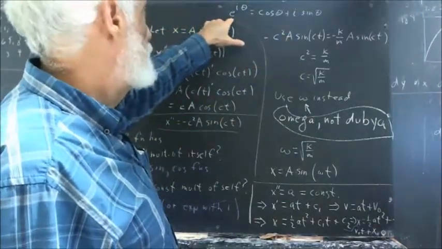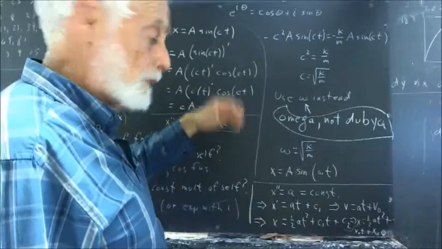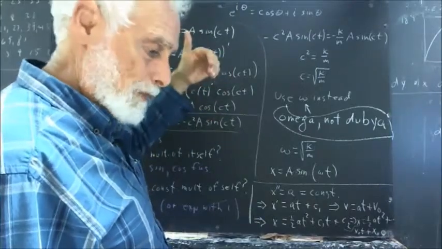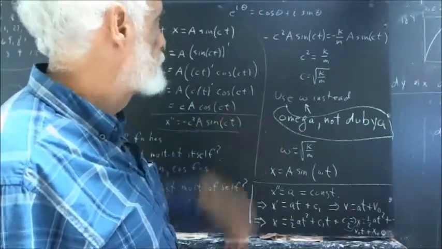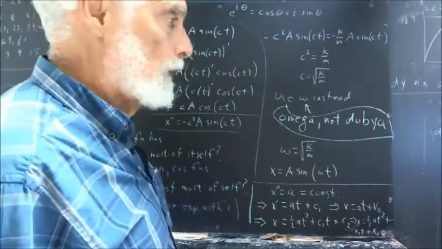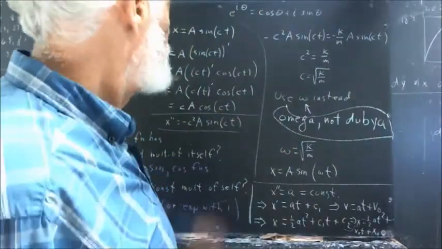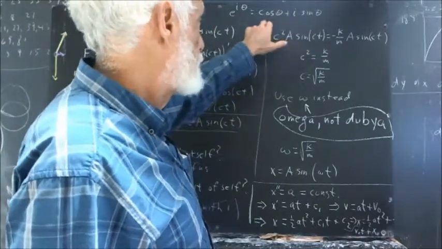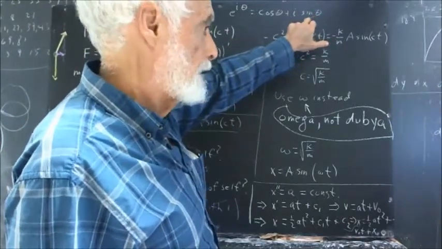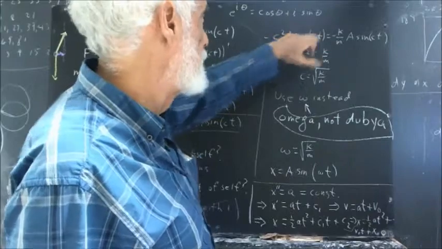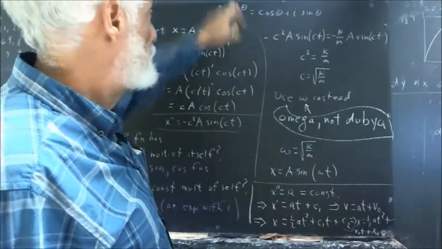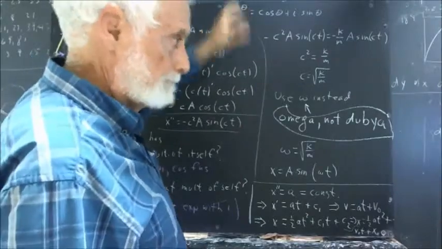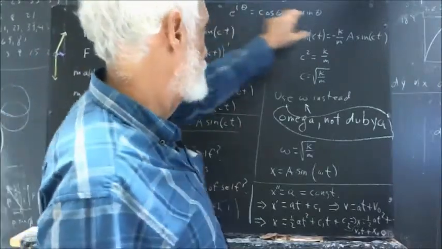And then e to the x would be 1 plus x plus x squared over 2 plus x cubed over 3 factorial, and so forth. Well, if you plug in the power series for cosine theta, i sine theta, which you multiply by i, and then for e to the i theta, and expand that, you find that this is equal to this.